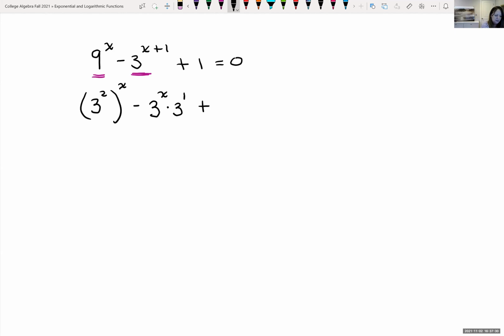And then this plus 1 equals 0. So let's write it a little differently. Power to power is multiplying, so this is the same thing as 3 raised to the 2x minus 3x plus 1 equals 0.